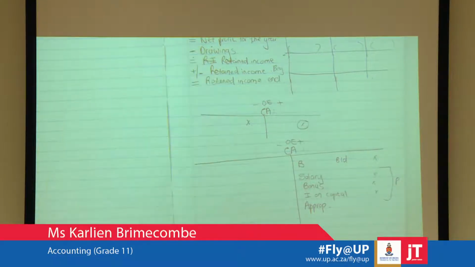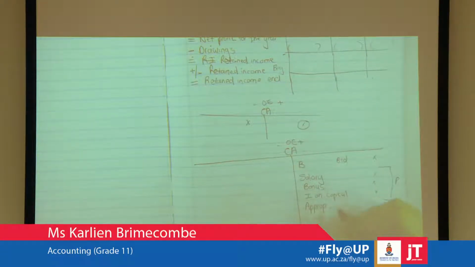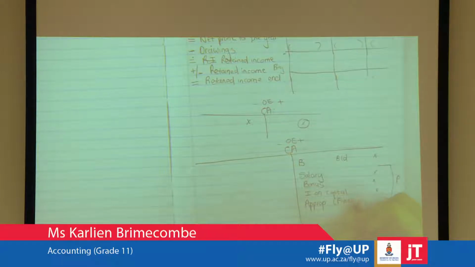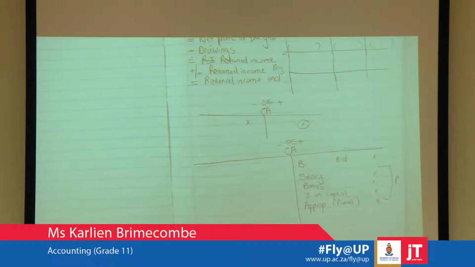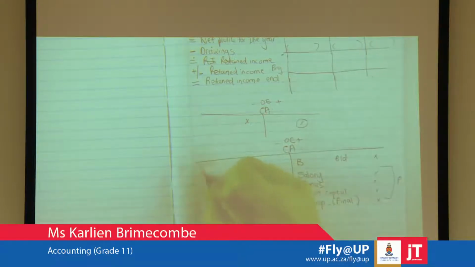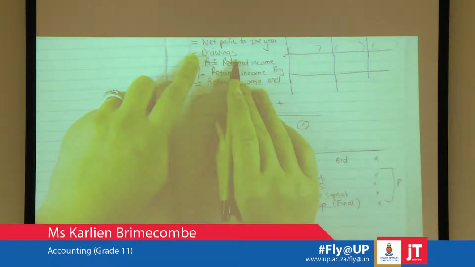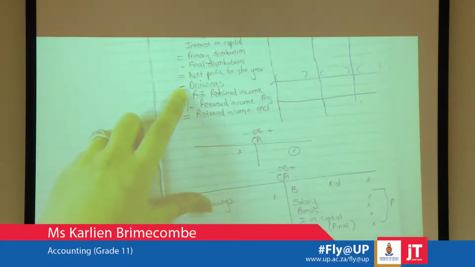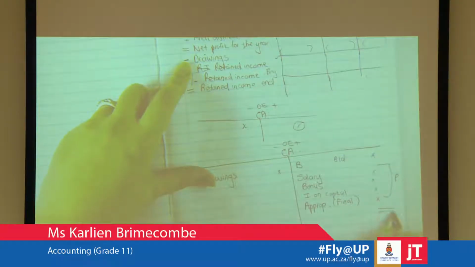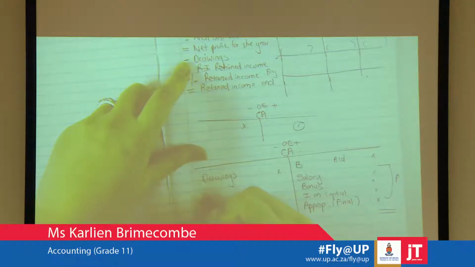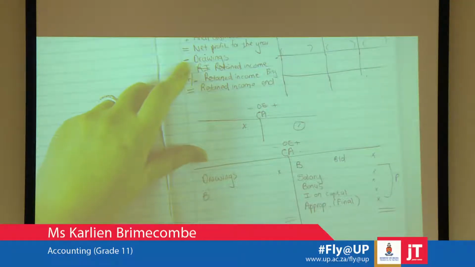If we made a loss, where would it appear? On the debit side. So there's your final. Drawings is always closed off to the current account. There's drawings. So at the end of the year, what do we calculate? Let's just pretend it's all positive.